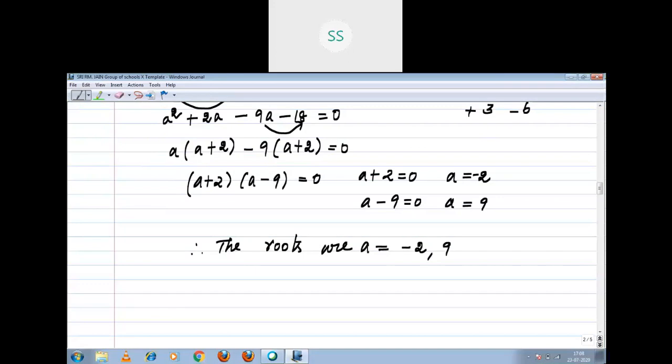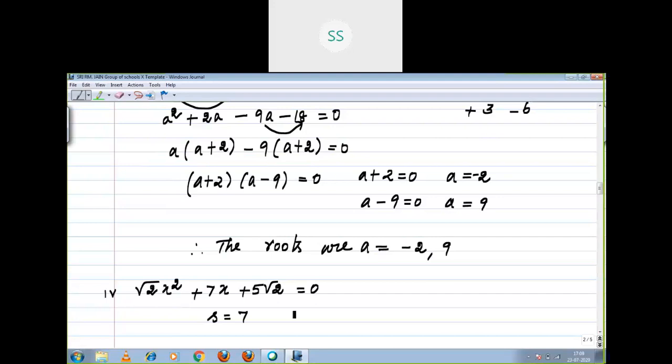Yeah, very good. Now I am going to move to the fourth subdivision, right? Fourth subdivision. What is it? Root 2 x square plus 7x plus 5 root 2 equal to 0. Here you have to be very careful. It is entirely different. What is your sum?